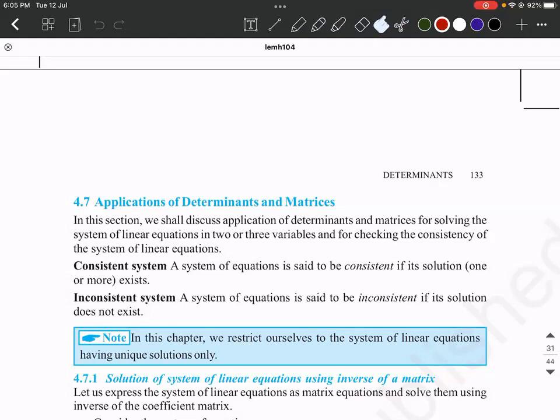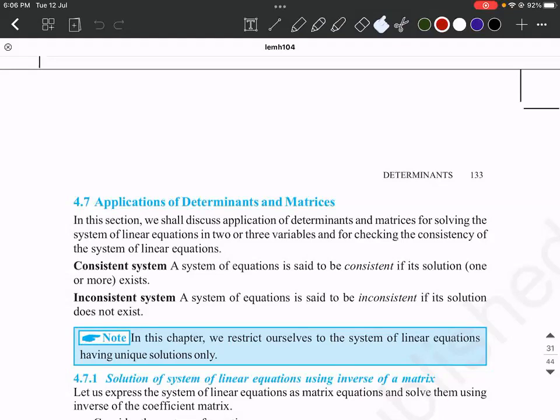If the determinant is 0, what is the name of that matrix? It starts with the letter S. It's called a singular matrix, right? So for the inverse to exist, the matrix should be a non-singular matrix. Is that clear?